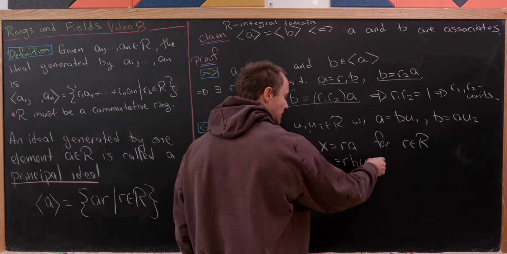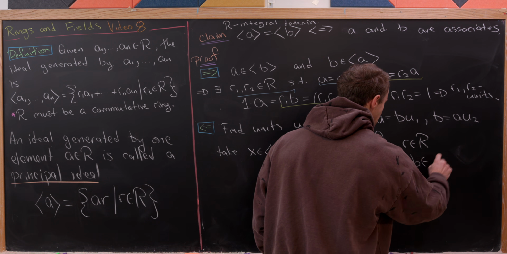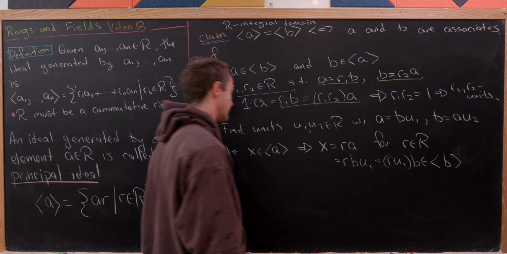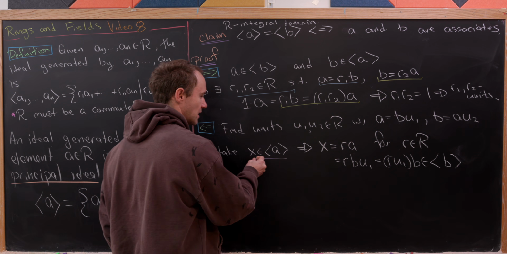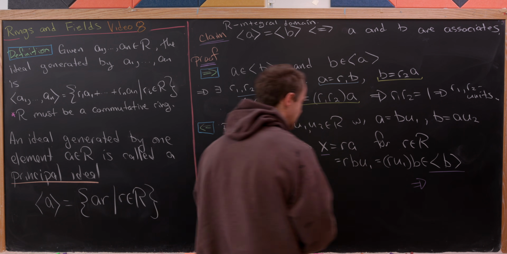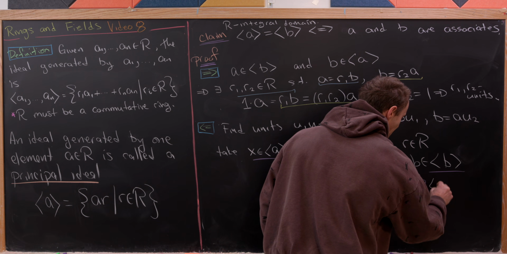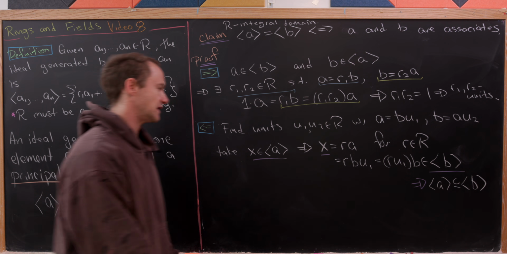But in turn, that's the same thing as r times u1 times b, which is an element of the ideal generated by B. So starting here and ending here is exactly what we need to show the ideal generated by A is a sub-ideal of the ideal generated by B.